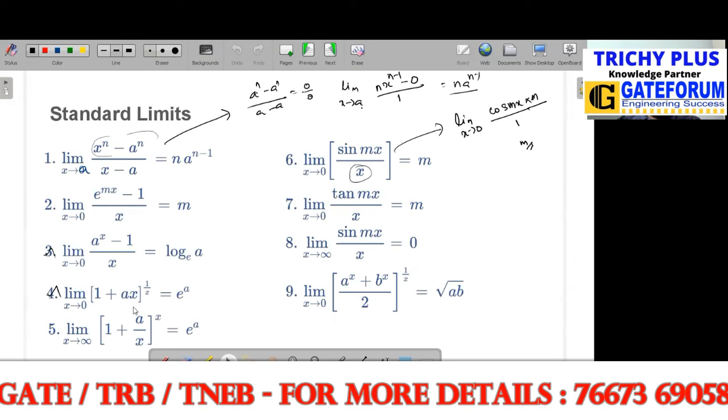If x is replaced with 1 by x, it's nothing but x tends to infinity, so both are interrelated. If we take any one, we can just tweak the x value to 1 by x and get the same result.